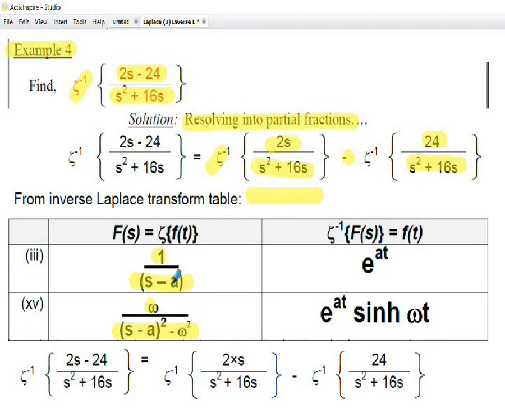So I can write my inverse Laplace transform of the 2s minus 24 over s squared plus 16s as inverse Laplace transform of 2 times s for the first partial fraction over s squared plus 16s, and then take away the inverse Laplace transform of the 24 over the s squared plus 16s.